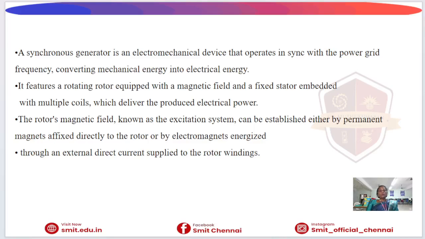Permanent magnets can be mounted on the rotor surface, embedded inside the rotor, or placed in special slots. The air gap between stator and rotor is kept very small, often less than 1 millimeter, to improve magnetic coupling and increase efficiency. Because excitation losses are eliminated, PMSGs offer high efficiency, compact size, and reduced maintenance.